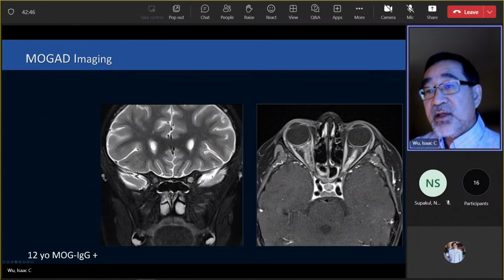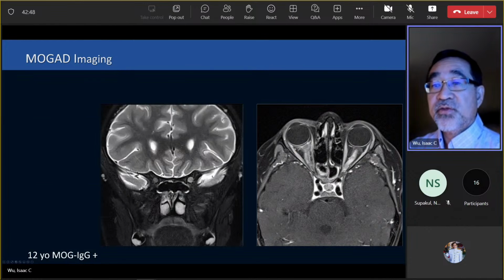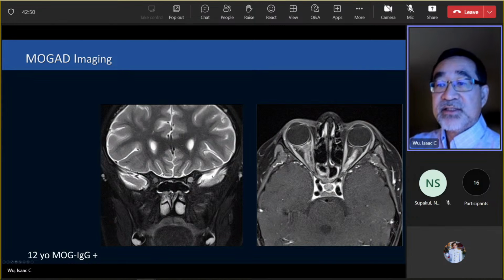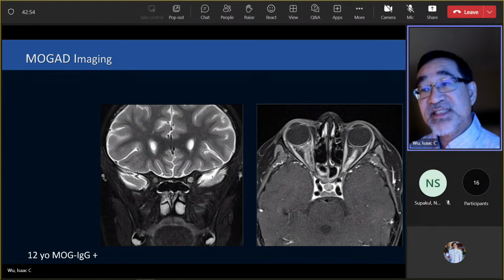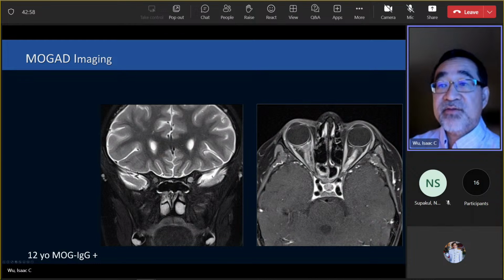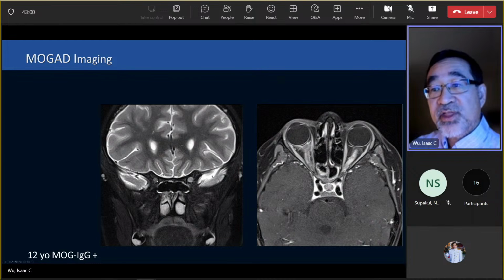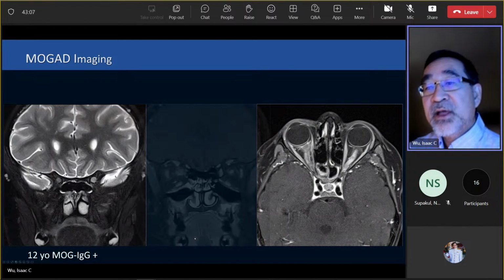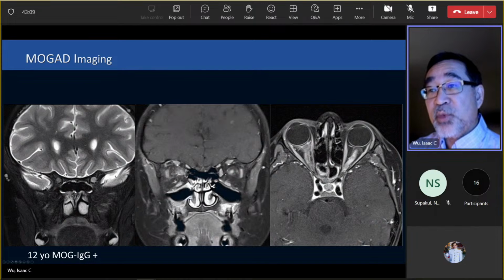On the coronal view, and for the trainees, that's one of the best sequences to look for abnormal optic nerve signal. So for our orbital sequence, you have to have a coronal T2 thin cut through the optic nerve. Hopefully the patient doesn't move when you're doing that exam. You can see clearly there's an abnormal enhancement.